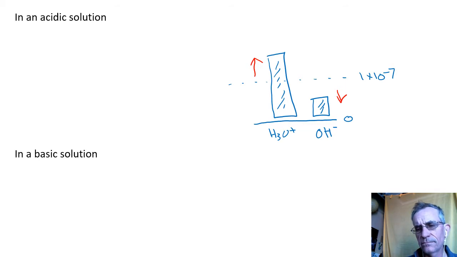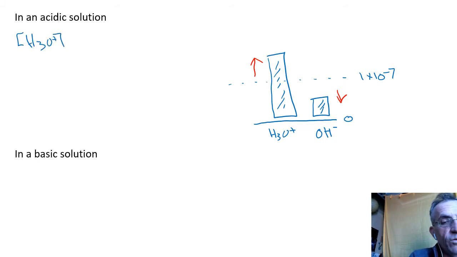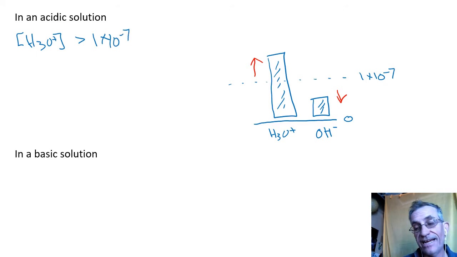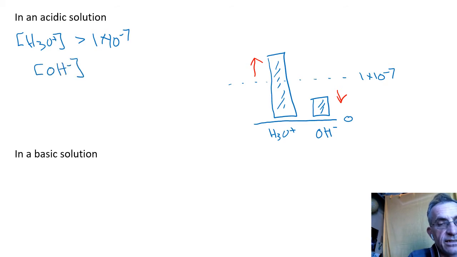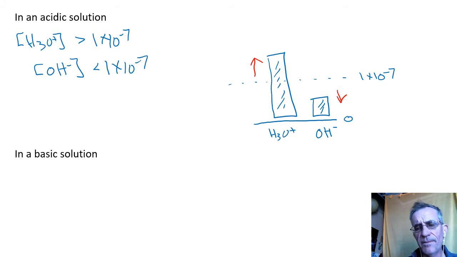All right, let's write a few facts about that. I'll put my facts over here. So in something that's acidic, hydronium will be greater than 10 to the minus 7. Acids give you extra. They also affect the amount of OH. Hydroxide goes down. And then the amounts of these two ions are not in balance anymore.